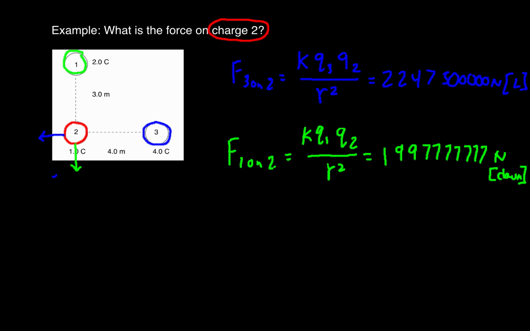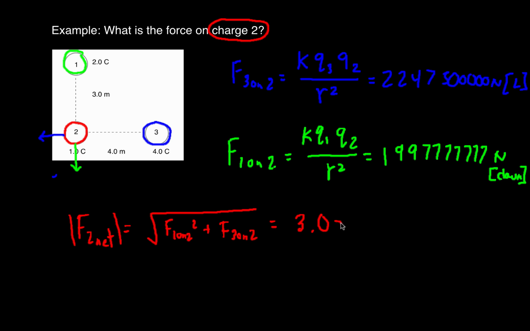To determine the net force on charge 2, we use vector addition techniques. F2 net has a magnitude equal to our two forces squared and square rooted, which gives us a force equal to 3.0 times 10 to the 9 newtons.